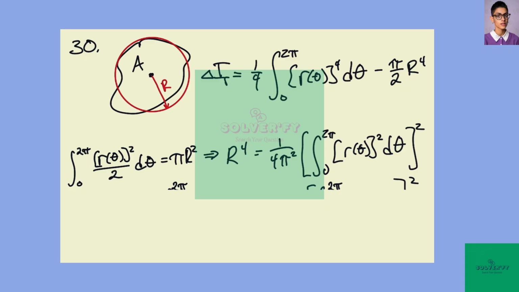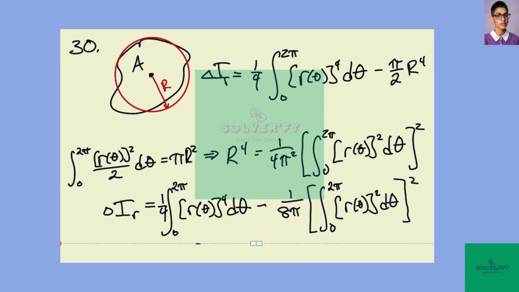So r to the fourth is 1 over 4 pi squared times this integral here, squared. Again, an integral of a function squared over some finite region is going to be positive, and then squared this is going to be positive. So obviously we get a positive value for r here. That would be the radius. If we wanted to calculate the radius of the circle, we could use this formula if we knew what r of theta was.